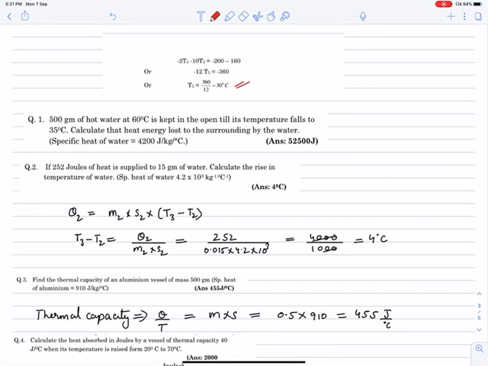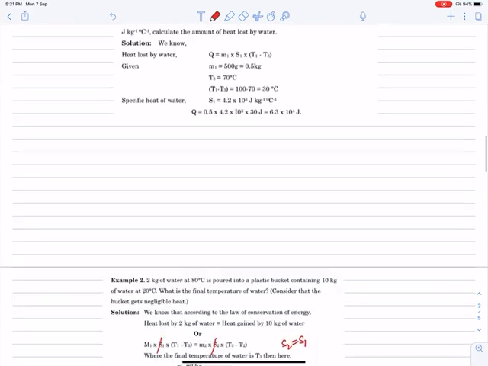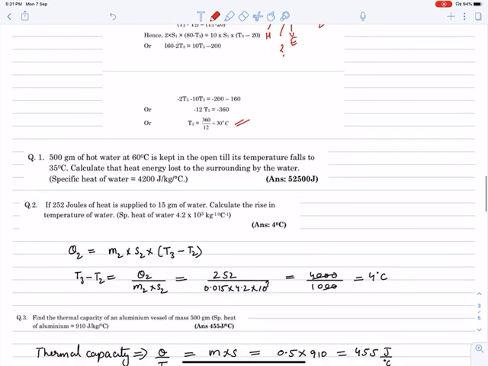It is similar to example number 1, which I have solved. It is the same as example number 1, only the numbers are changed, and the rest is the same sum.